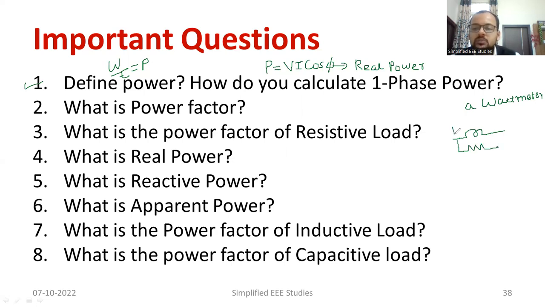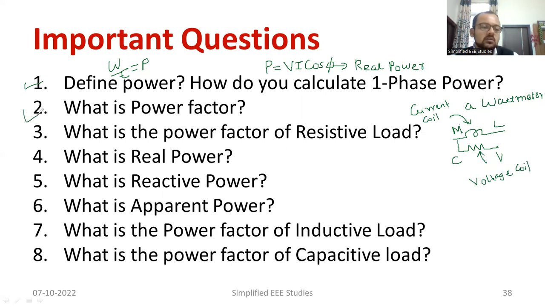You can mark the terminals: mains, load, common, voltage. The first part is known as the current coil. As you can see, this is your current coil, whereas the second coil is known as the voltage coil or pressure coil. You may note this down.